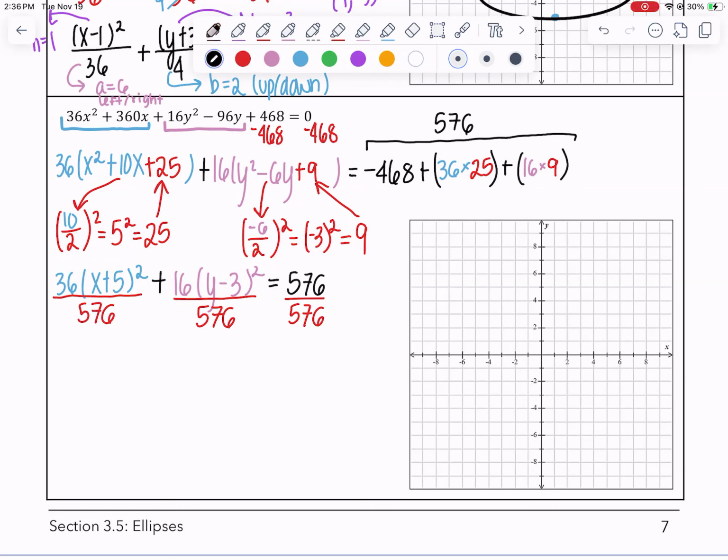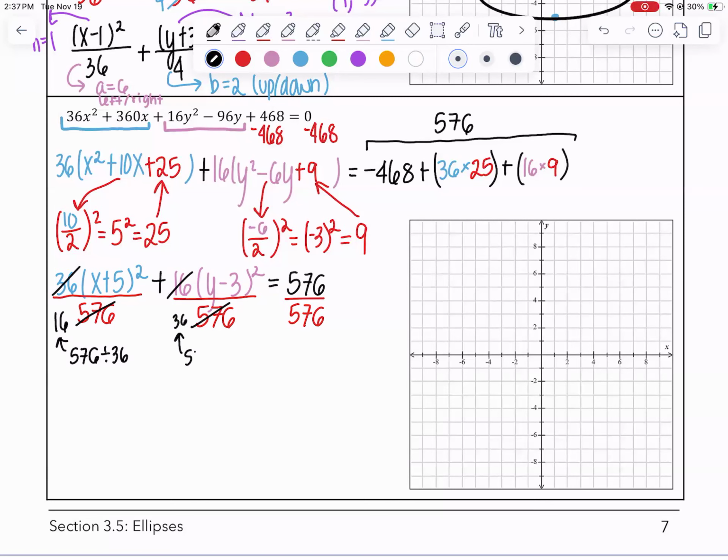What you have going on over here, you are asking yourself, how many times does 36 go into 576? So 36 goes into itself one time. If you do 576 divided by 36, you should get 16. If you do 16 divided by 576, 16 goes into itself once, and 16 goes into 576 36 times.